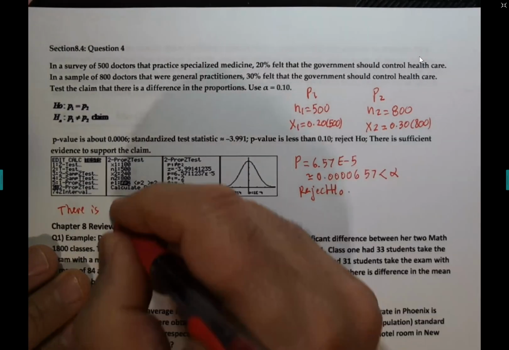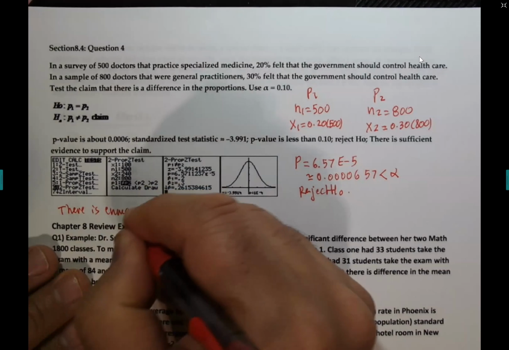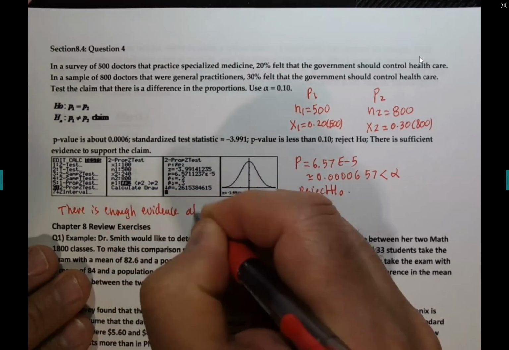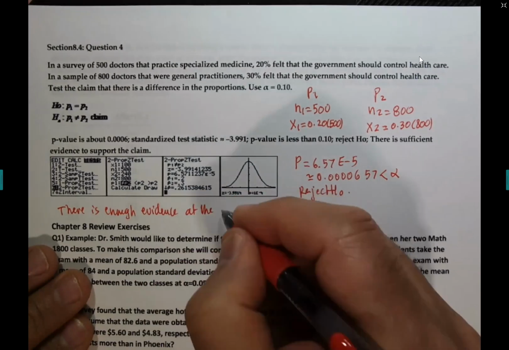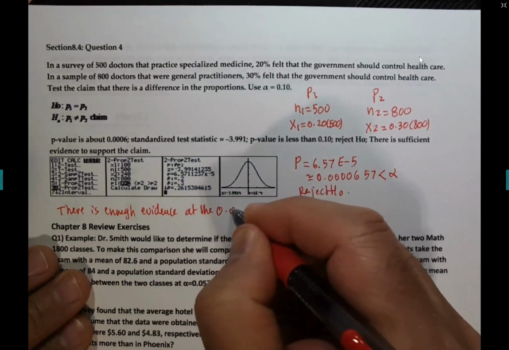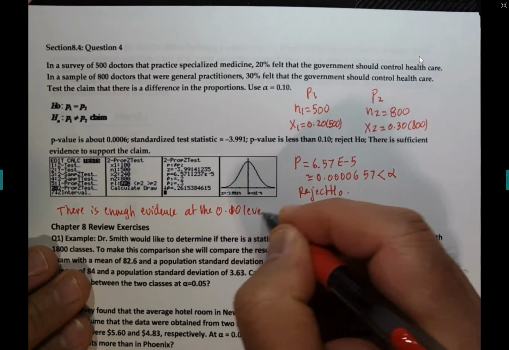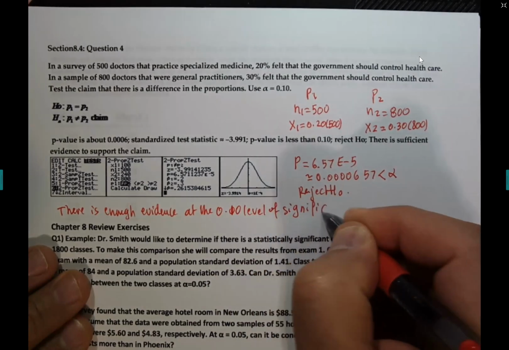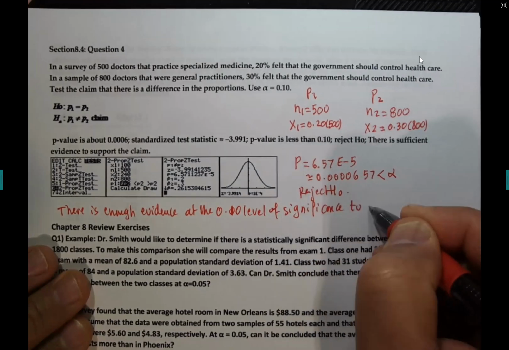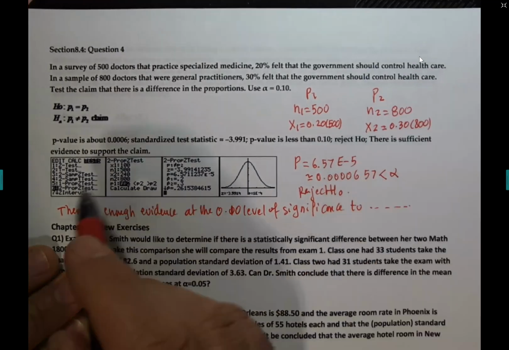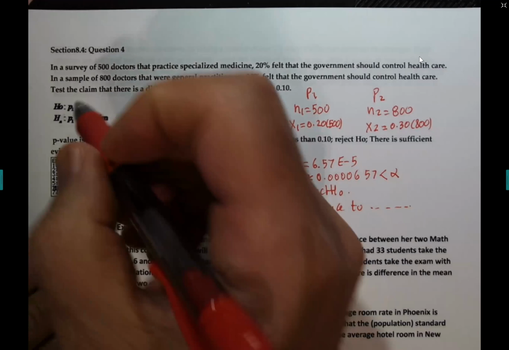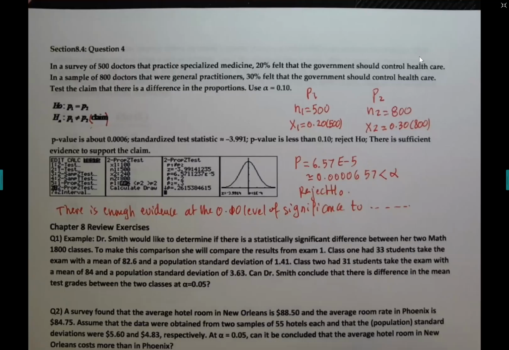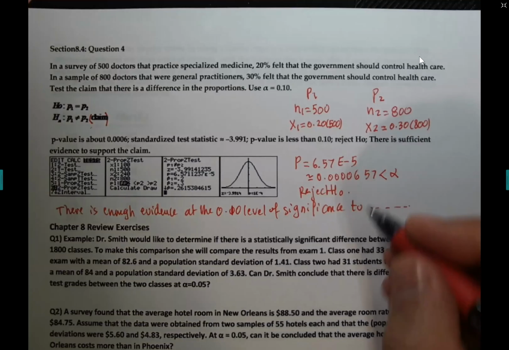There is enough evidence at the 0.01 level of significance to, what's the word, guys? The claim is in HA. Support. To support the claim. Definitely we're supporting the claim.